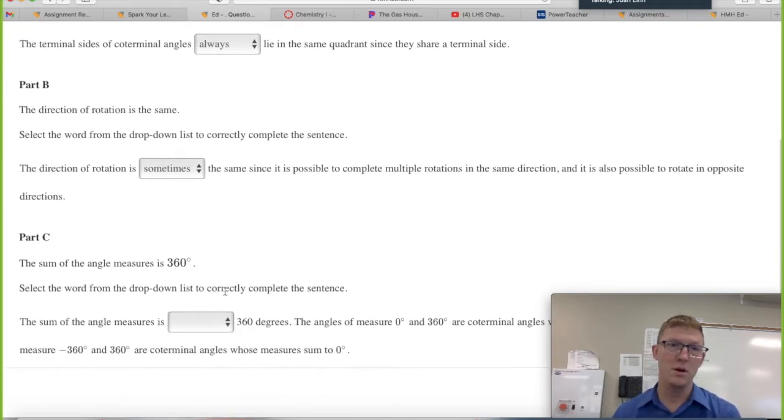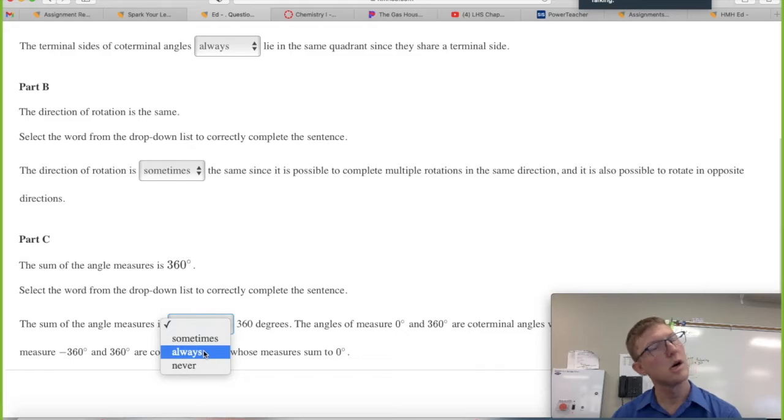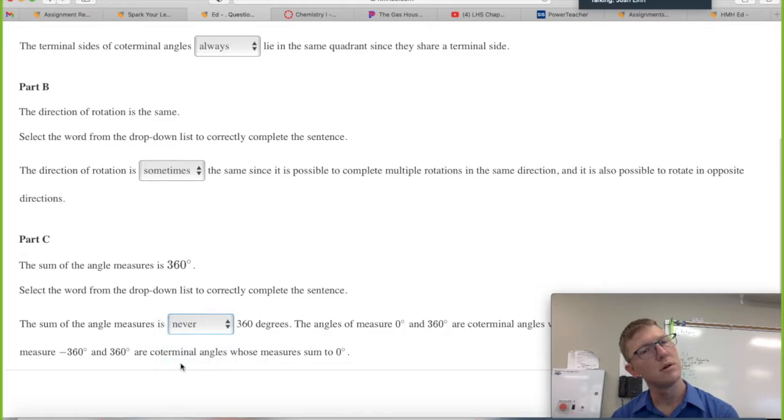The sum of the angle measures is 360 degrees. Would it be always? No. The sum of the angle measures, which ones are they talking about?